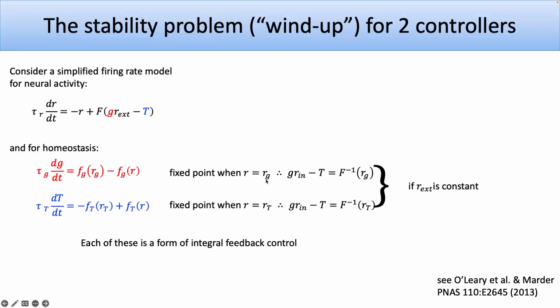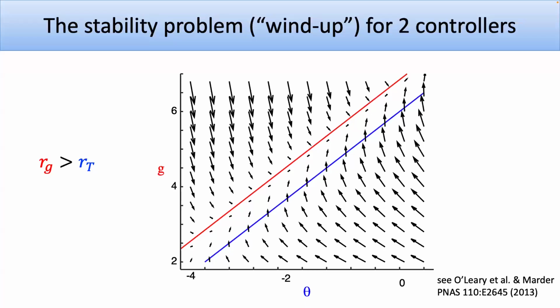So this is like having two thermostats in a room. One might be set at 72, one set at 68. And in a system unlike our houses, where both heating and cooling can go on, you'll end up in the middle. One's cranking up the heating more and more, one's cranking up the AC even more and more, which is clearly inefficient. And this is the problem of wind-up.